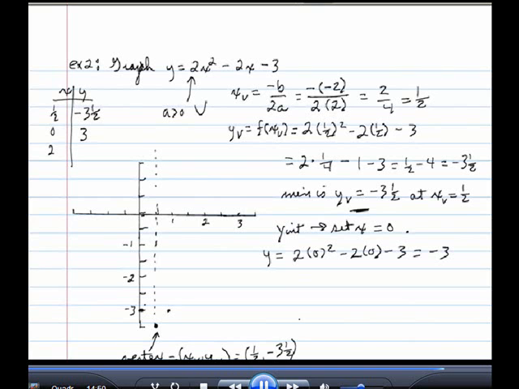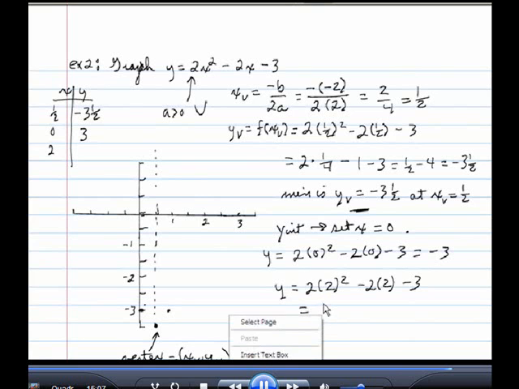And see what happens. If I pick x equals 2, then my y is going to be 2 times 2 squared minus 2 times 2 minus 3. Well, 2 squared is 4, so 2 times 4 is 8, minus 4 minus 3, which is 1.